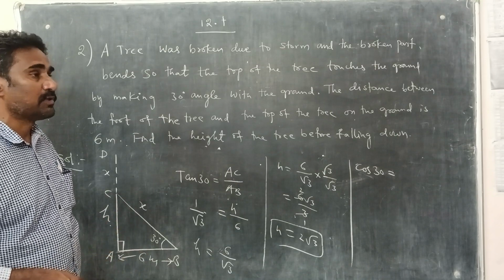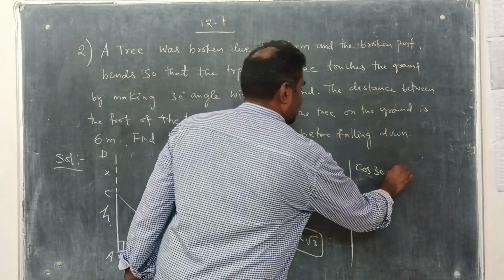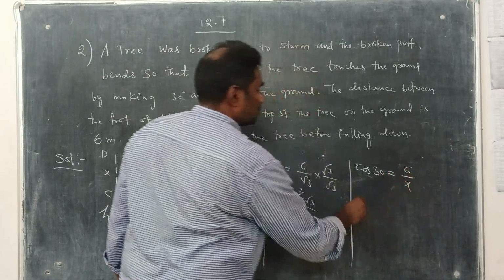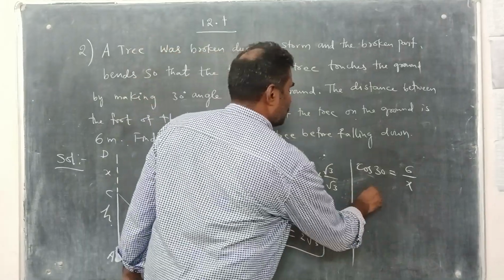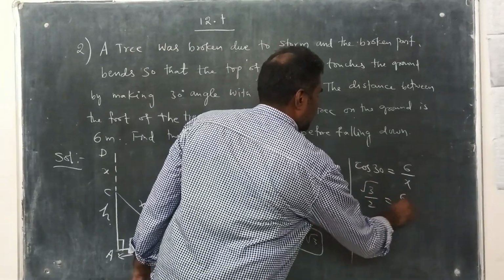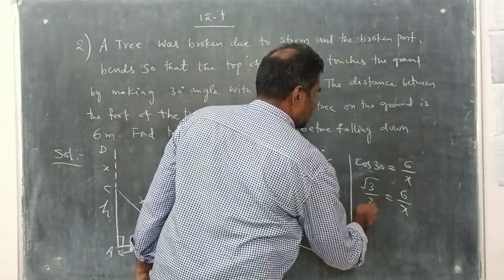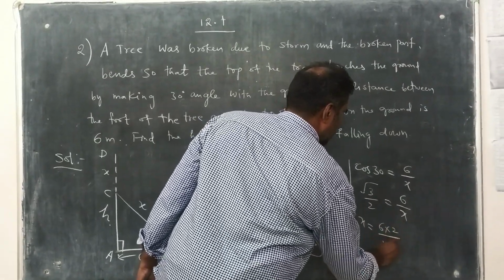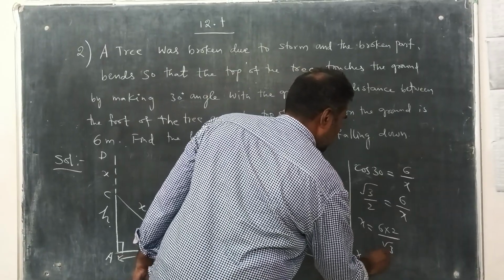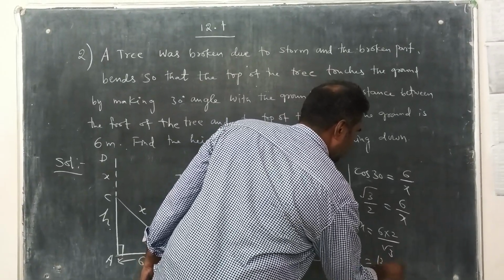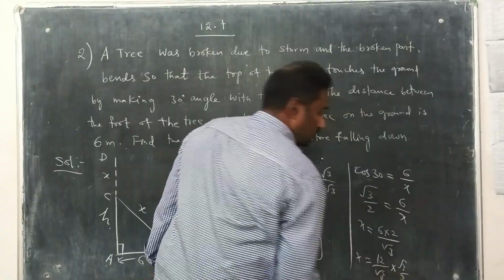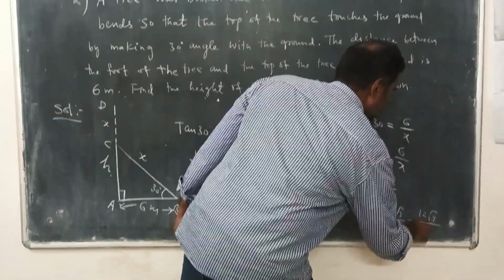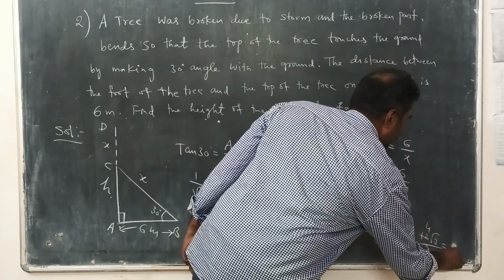So cos 30 is equal to adjacent 6 by hypotenuse X. The value of cos 30 is root 3 by 2, which is equal to 6 by X. Now do cross multiplication. Taking X to this side, it is 6 into 2 by root 3. Here also you have to rationalize: 12 by root 3 into root 3 by root 3, which gives 12 root 3 by 3. So it is equal to 4 root 3.